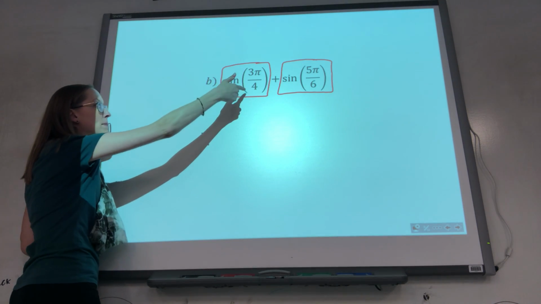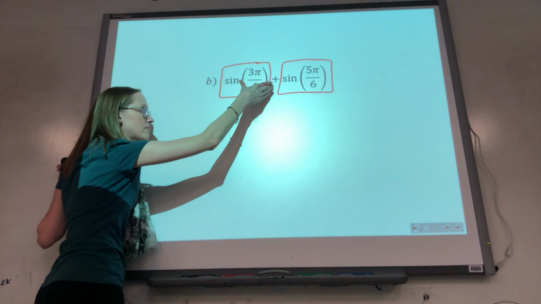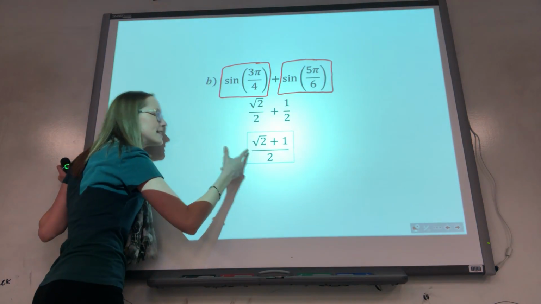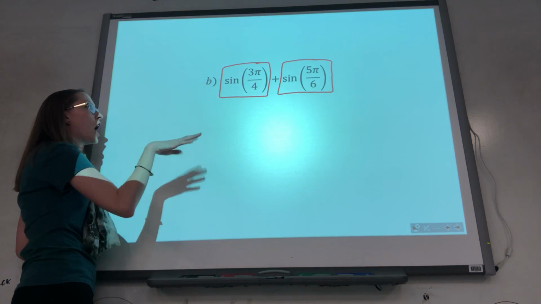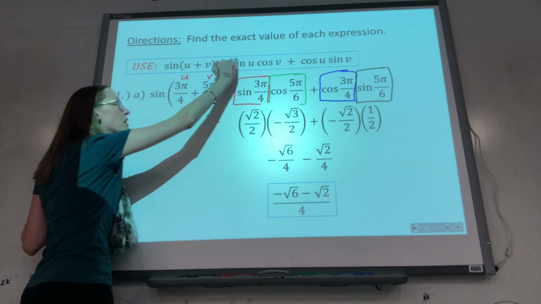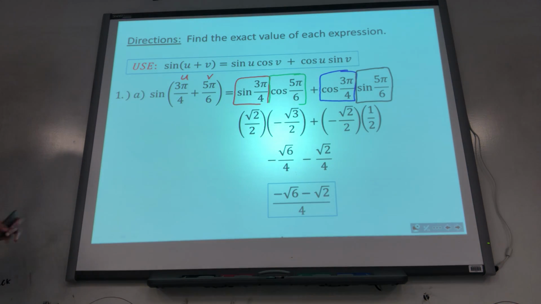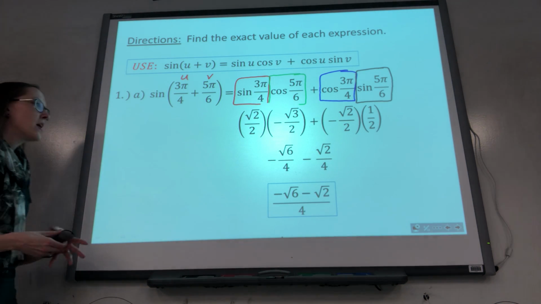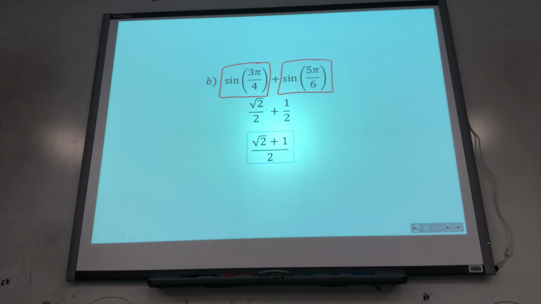If you distribute the trig function, it would look like that, and you get back this answer, square root of 2 plus 1 over 2. If you don't distribute, because you're not supposed to, and you use your formula like you should, you get back a completely different answer. So really the answers for part A and part B on these should always be different, because you're just showing that you can't distribute a trig function.